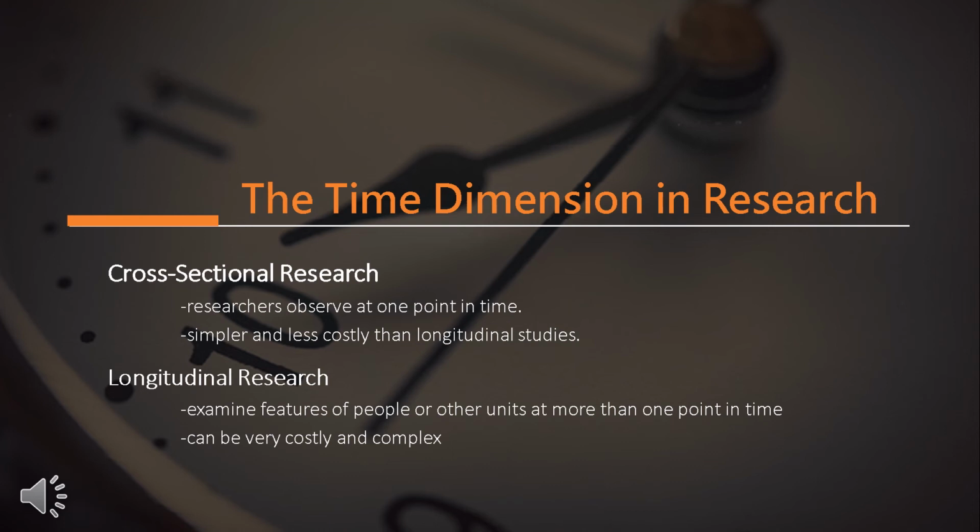Meanwhile, longitudinal research is examining the features of people or other units at more than one point in time. It can be 5 years, 8 years, a whole decade, decades. For example, the preference of music or the preference of fashion.